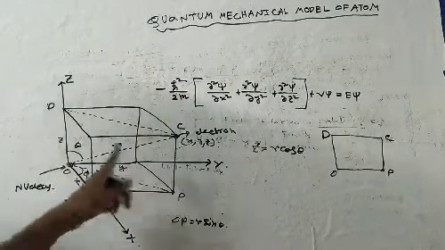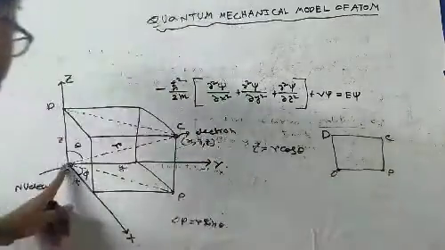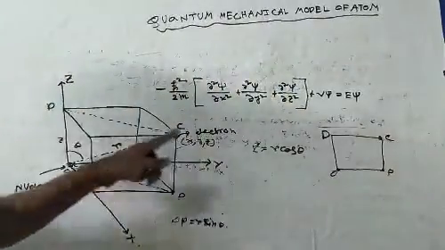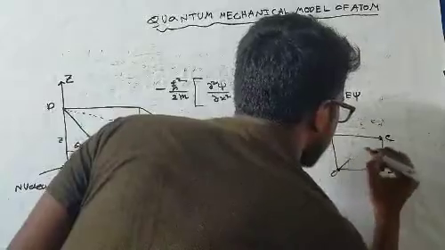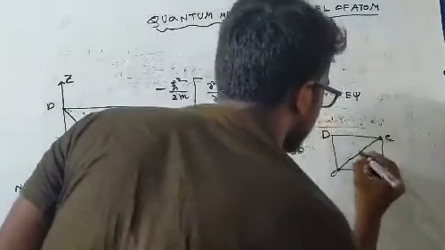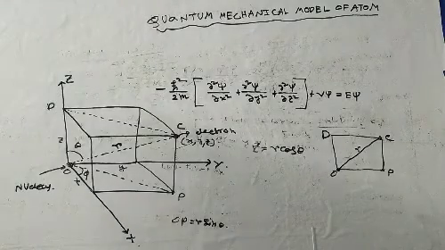At the origin O the nucleus is present, and at point C the electron is present, and the distance between electron and nucleus is r.